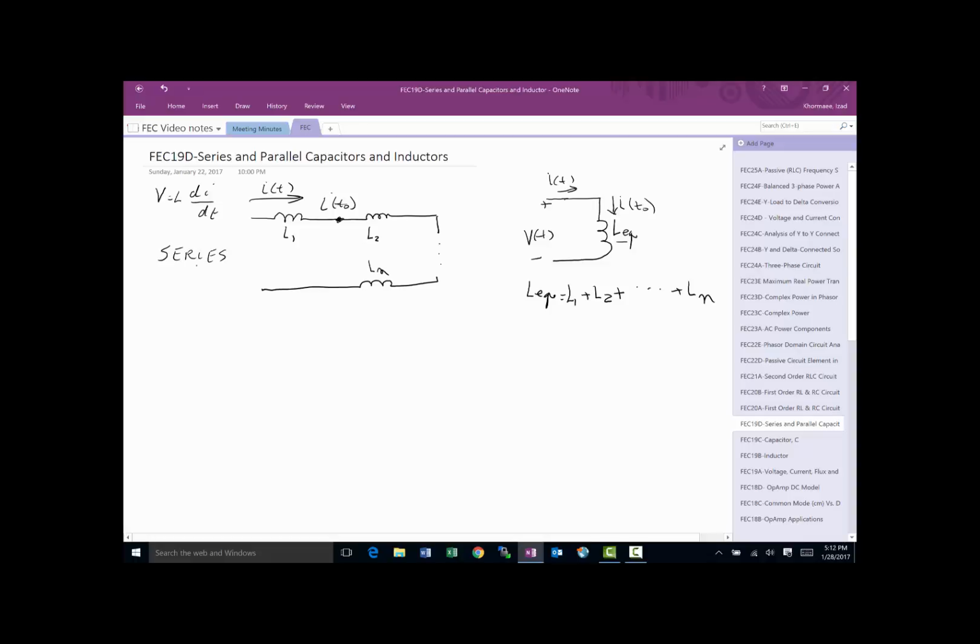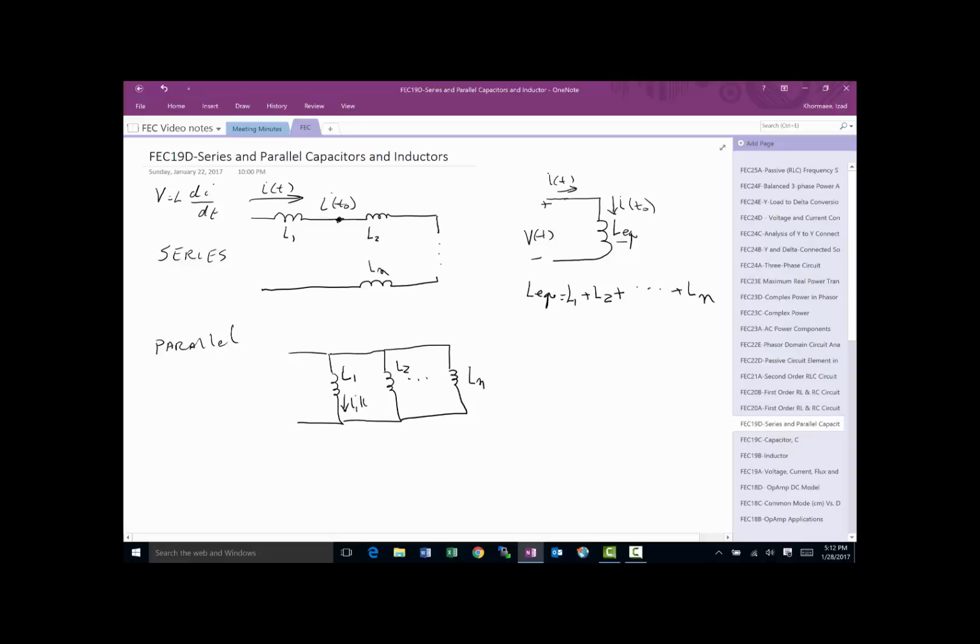And the parallel pretty much works like a resistor as well, except for the initial condition. So if you've got a bunch of inductors in parallel, let's say L1, L2, a whole bunch more, and then Ln. Now each one of these will have its own initial condition.